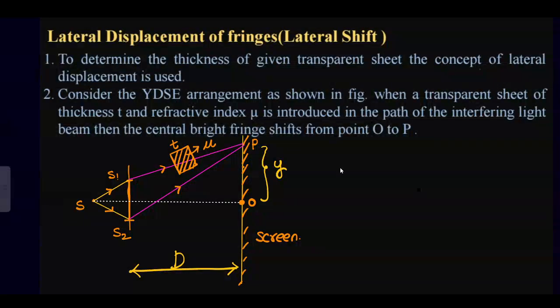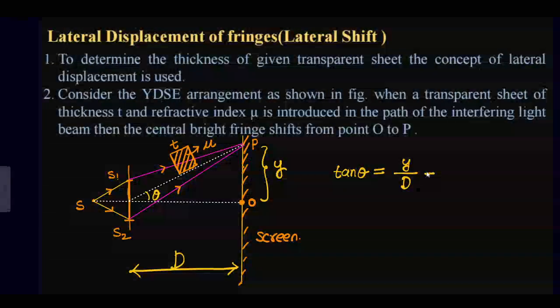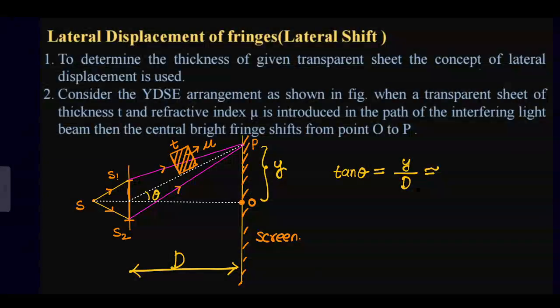Now from this we take tan theta, from here to here. So what will tan theta be? This is y by D. And this tan theta is approximated as sin theta, approximately equal to sin theta only.